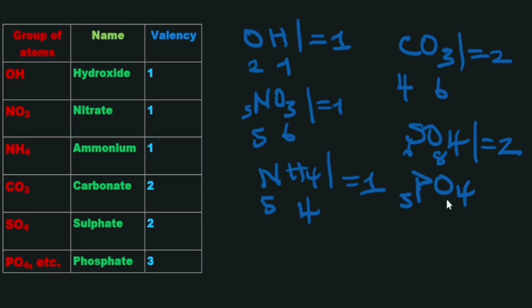So we know that the valency of oxygen is 2. 2 times 4, 8. Now 8 take away 5 is 3. So if you cannot remember this table, you can use this simple trick to know the valencies of the group of atoms. So now we are ready to write the chemical formulae of compounds.